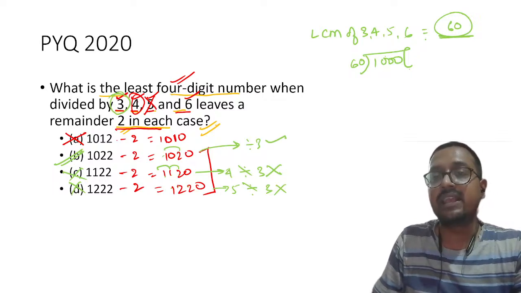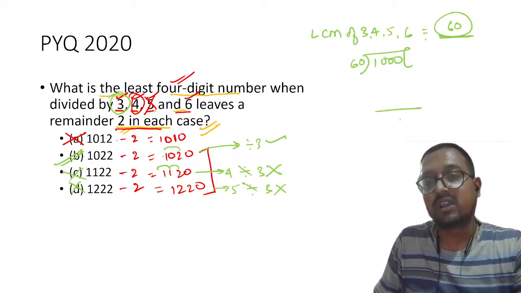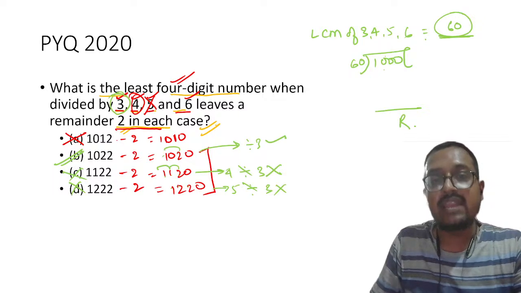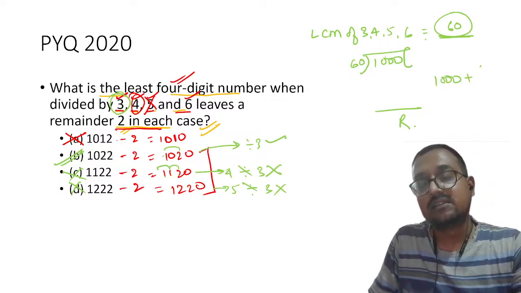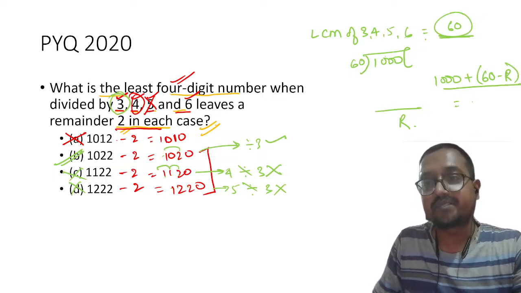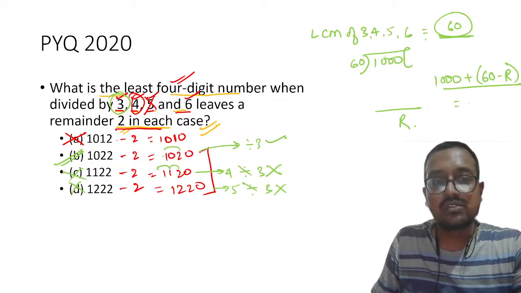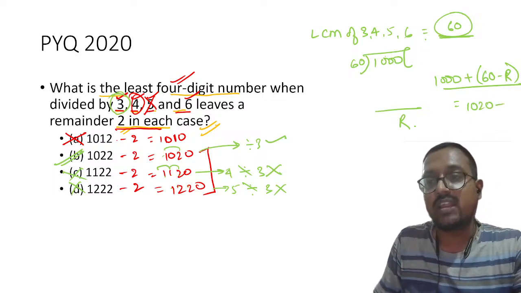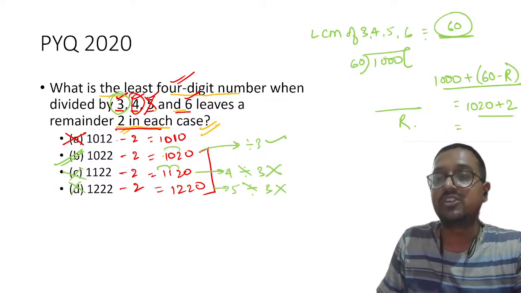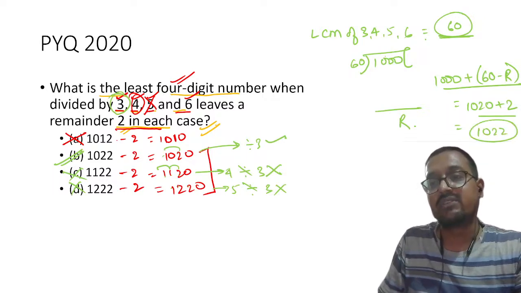Now start dividing, and whatever the remainder is, you have to add: 1000 plus 60 minus R. That will be your answer. So that will give you 1020, and obviously you have to add 2 also, because remainder 2 should be there. So 1022 will be the answer. Clear?